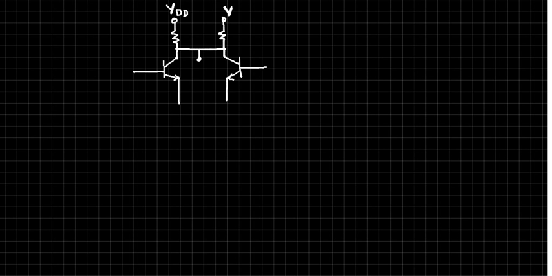And I am considering this as ground. Let's say it is input 1 and input 2.